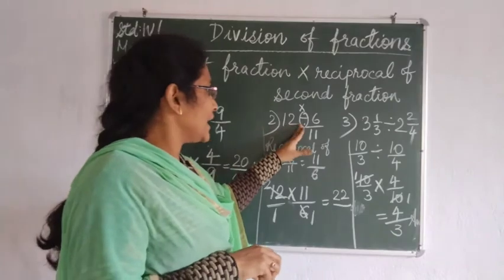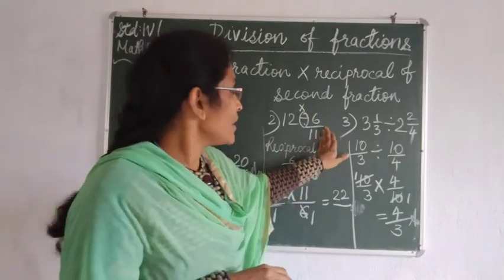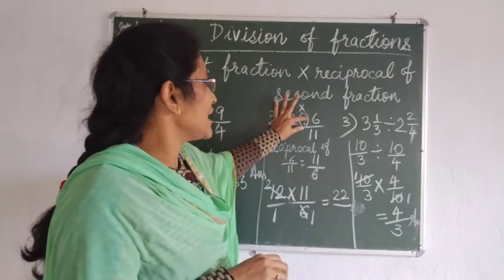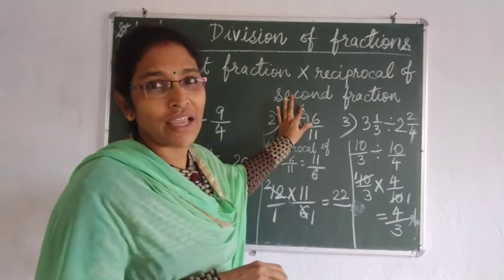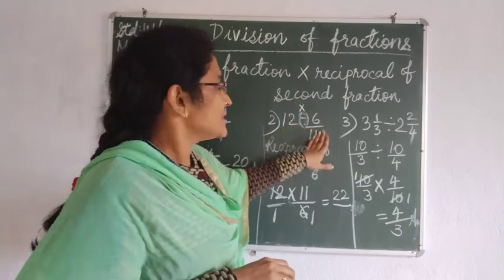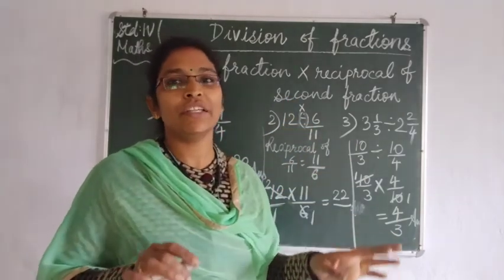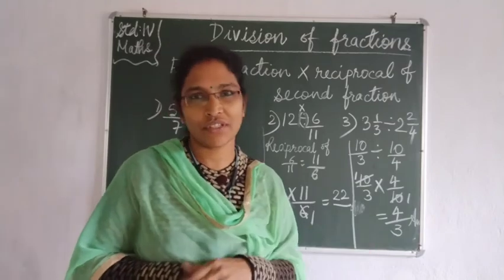When you change the sign, we have to change the number also. That you shouldn't forget. Once you change the division sign into a multiplication sign, you have to change the second fraction to its reciprocal form. Then only it will be the actual division process.